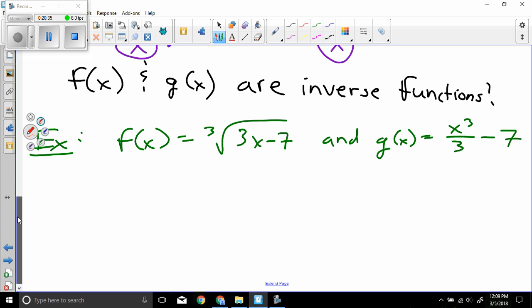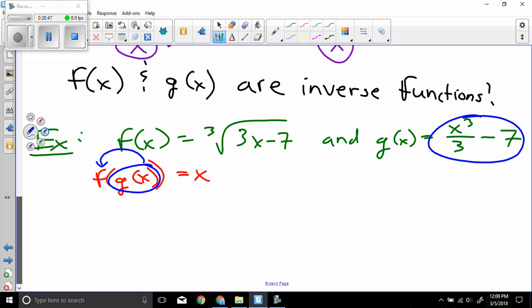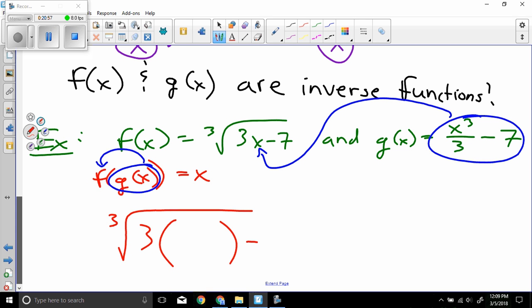What do I have to check? Well, I have to check f of g of x, which means I have to take this g of x and plug it into f. Well, f is the cube root of 3 times something minus 7. The something being the x cubed over 3 minus 7.